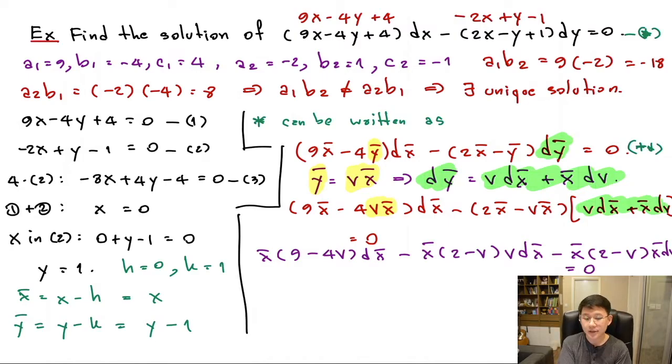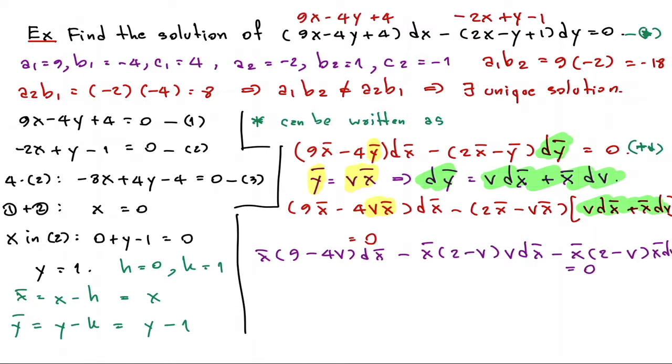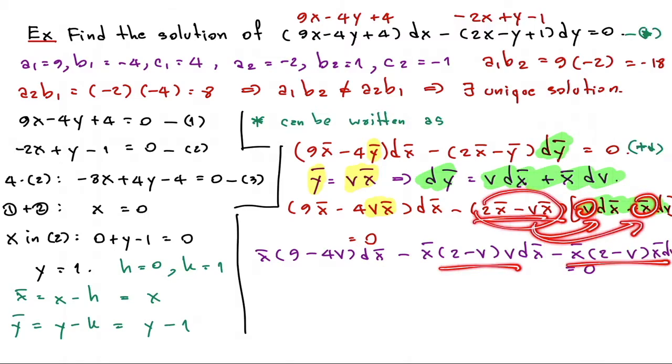Make sense? Basically, I just multiply this guy in the parentheses. So it's v and this guy, right? And x bar and this guy. Make sense?